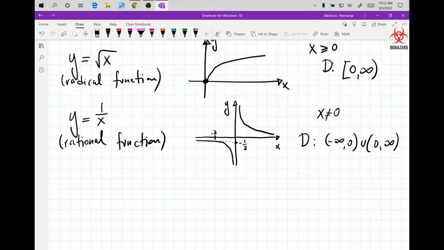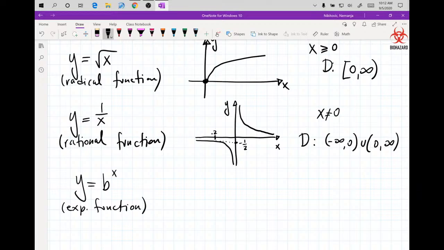And now we go with our exponential function, y equal b to the x. Now, you might have gotten used to using e.